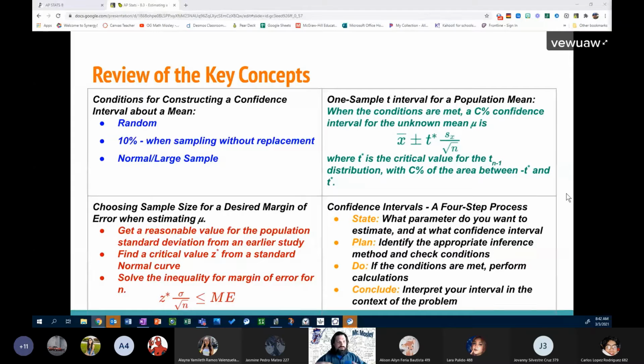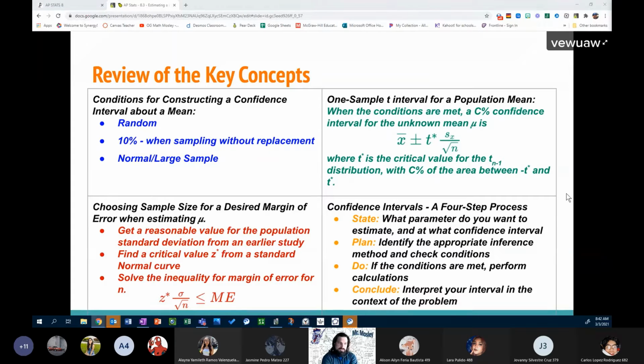Lastly, when we're constructing and interpreting a confidence interval, when you see those words, we're using this 4-step process, whether we're dealing with proportions or means. We need to state what parameter we want to estimate and what confidence level. Plan: identify the appropriate inference method. We have one sample t interval for a mean, one sample z interval for a proportion.